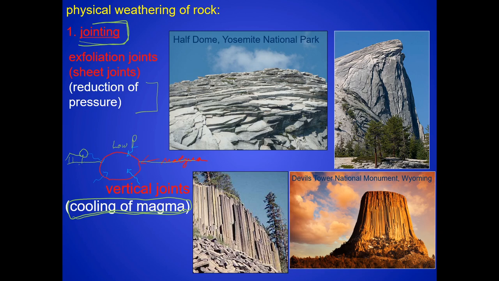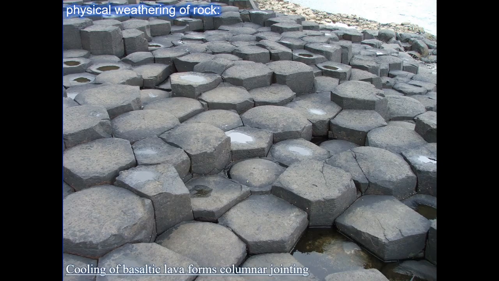So you can imagine that when you have a body of magma form, especially basalt, it's really hot and fluffy. But as it cools, it contracts, and as it contracts, it pulls and squeezes together, and it forms these cracks, vertical cracks and columns. Okay, so this is really famous.